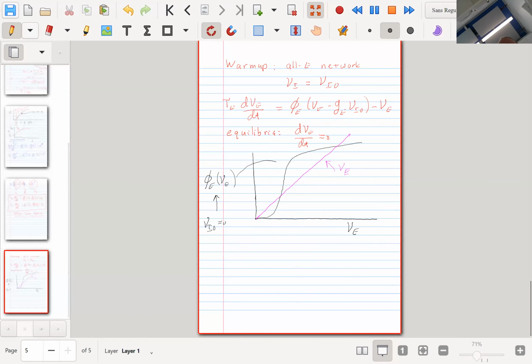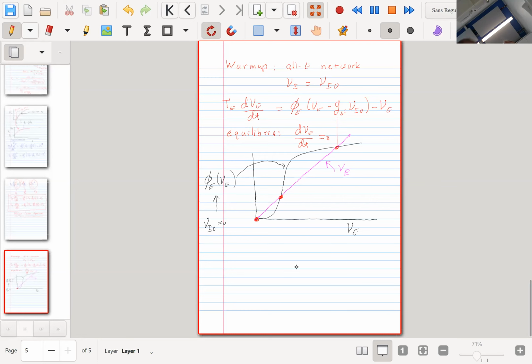And this is phi E. Okay. So where do the equilibria occur? This is an equilibrium, very close to 0. That's an equilibrium, and that's an equilibrium. So there are 3 equilibria.